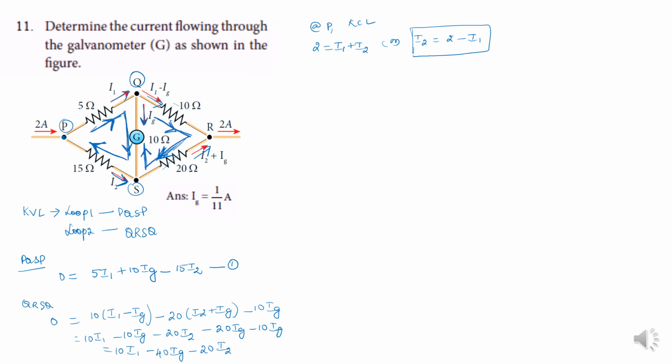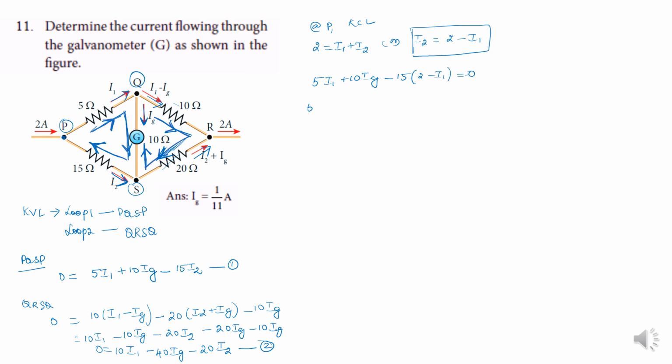This is equation 2. So write equation 1 first: 5 I1 plus 10 Ig minus 15 I2, where I2 is 2 minus I1, is equal to 0.